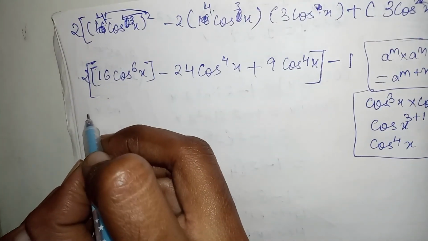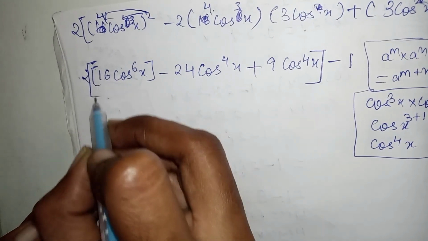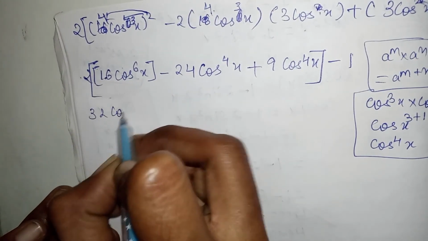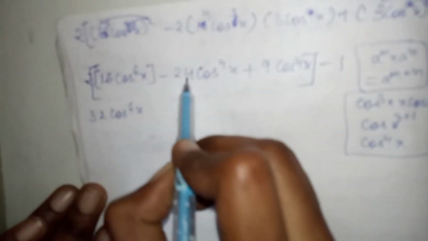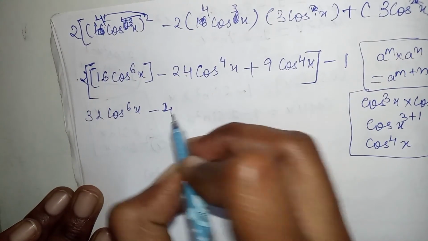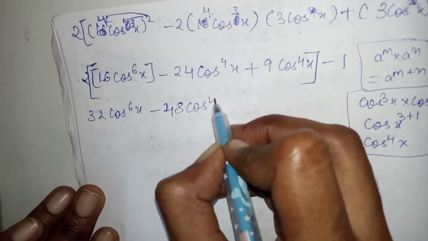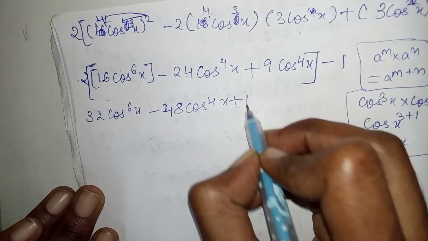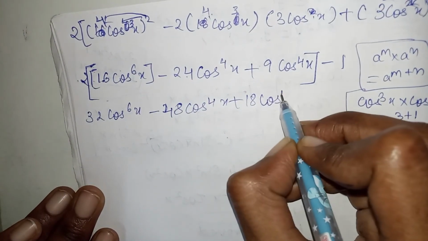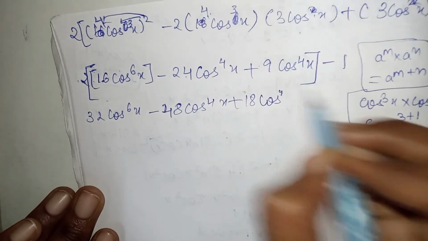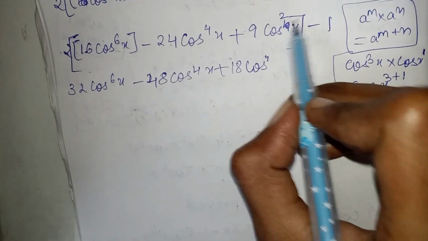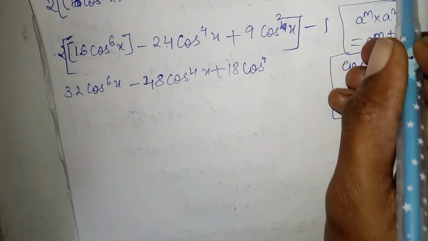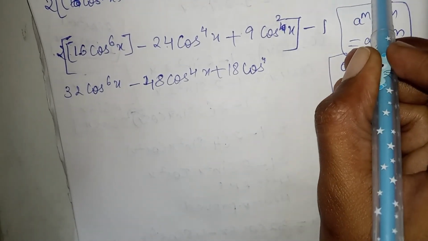So what will happen? We have multiplied: 16 2s are 32 cos power 6x, and next is what? 2 into 24 is 48. 2 9s are 18. Here we just have to know that cos x is there, and not multiply the square for this cos square x.